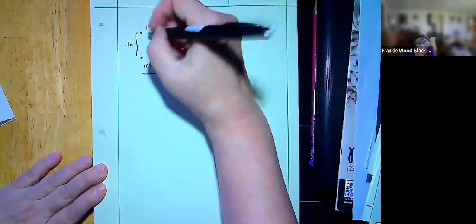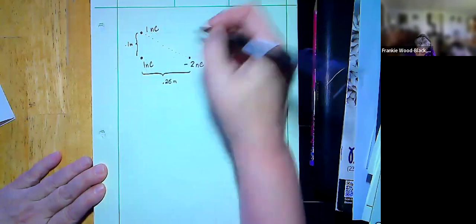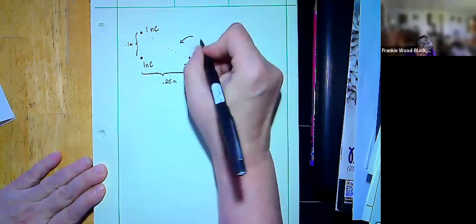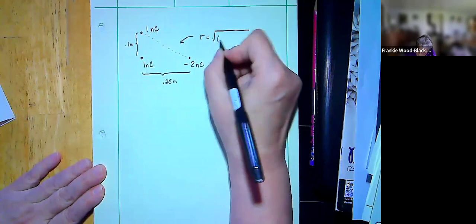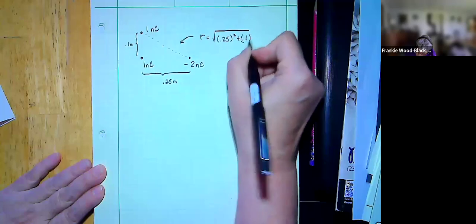We are going to also need to know this distance. So we can calculate that distance. R is going to be the square root of our 0.25 squared plus our 0.1 squared.